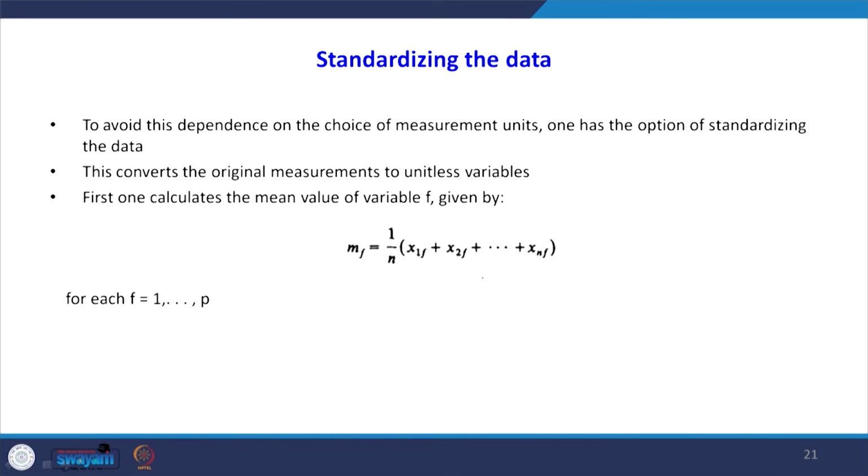To avoid this dependence on the choice of measurement units, one has the option of standardizing the data. This converts the original measurements to unitless variables. First, one calculates the mean value of f, given by m_f equals 1 by n times the sum of all the values, divided by n, the number of observations.